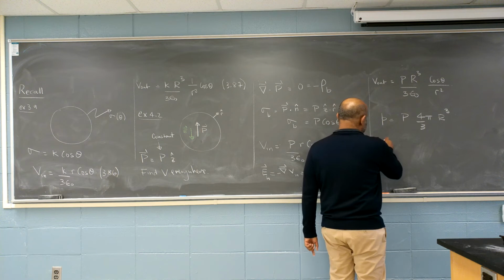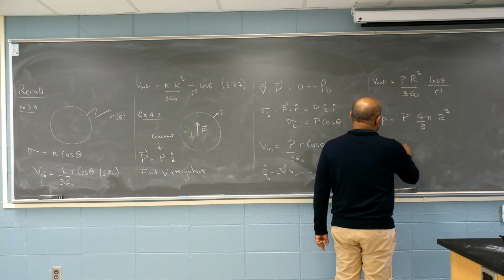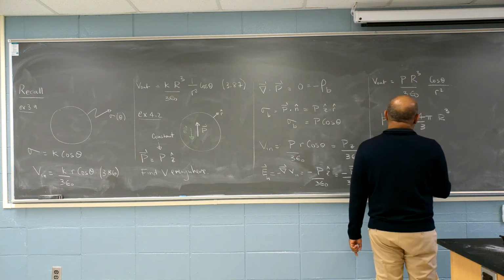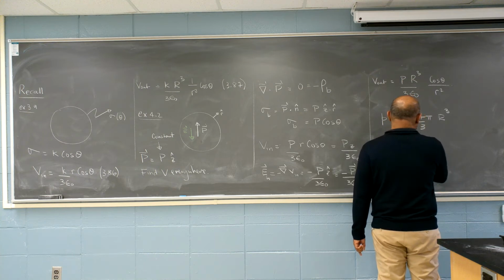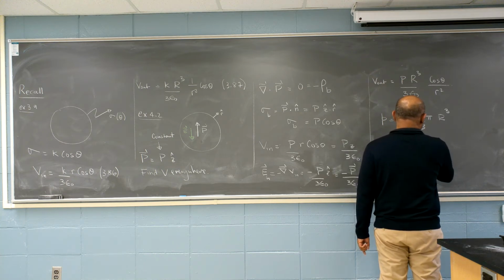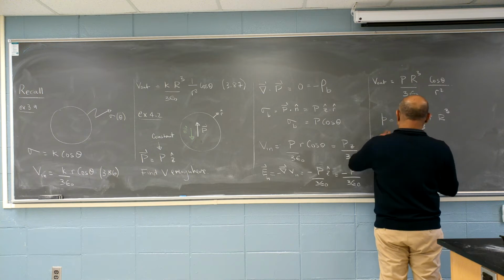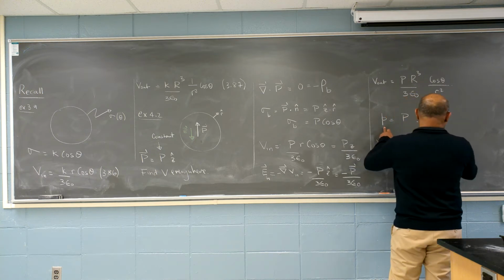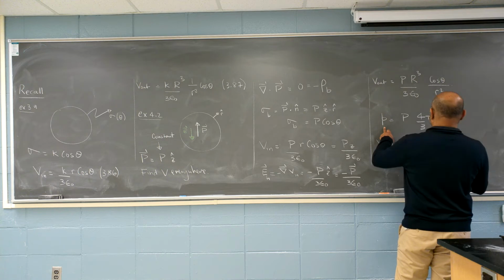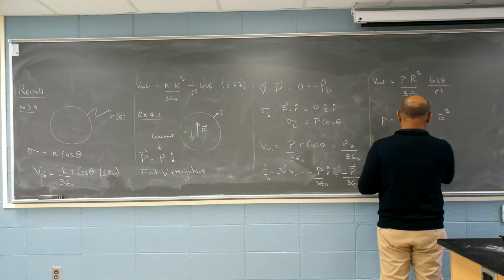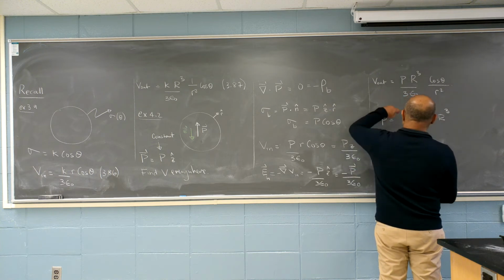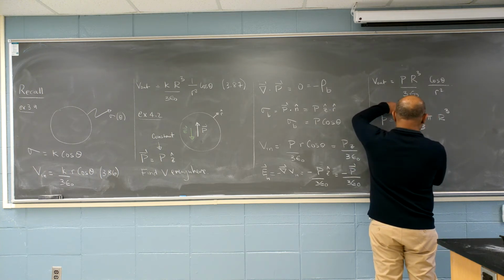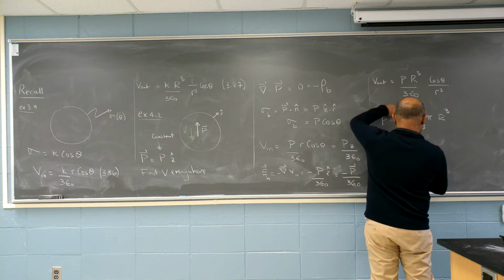So then I can write V out as 4/3 pi r cubed times the total polarization. Then I have, what am I doing? I'm solving for P. So that is P over 4/3 pi r cubed.